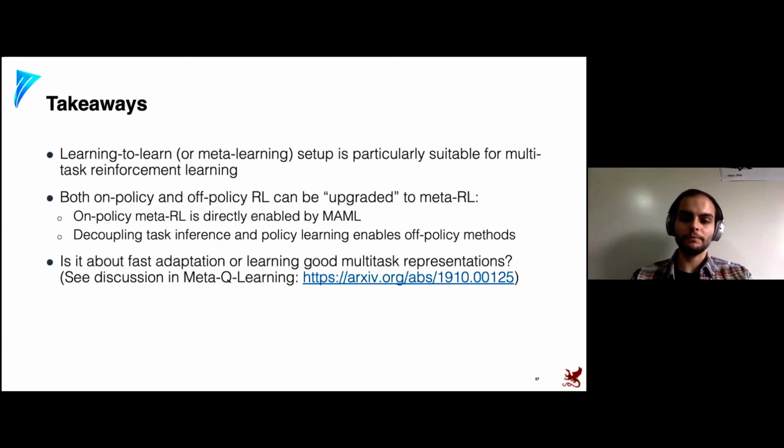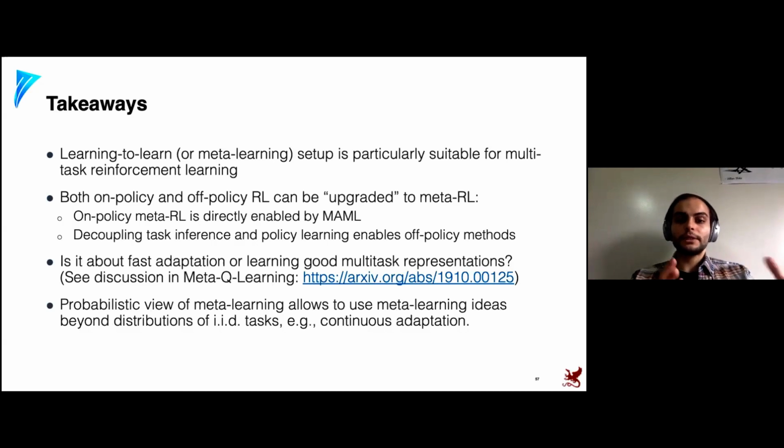Exploration is an important question. All the examples that I showed you used dense rewards, so exploration is technically circumvented by reward design. But you can also see a discussion in meta-Q learning that I mentioned, where they argue that actual representation matters more than the adaptation.